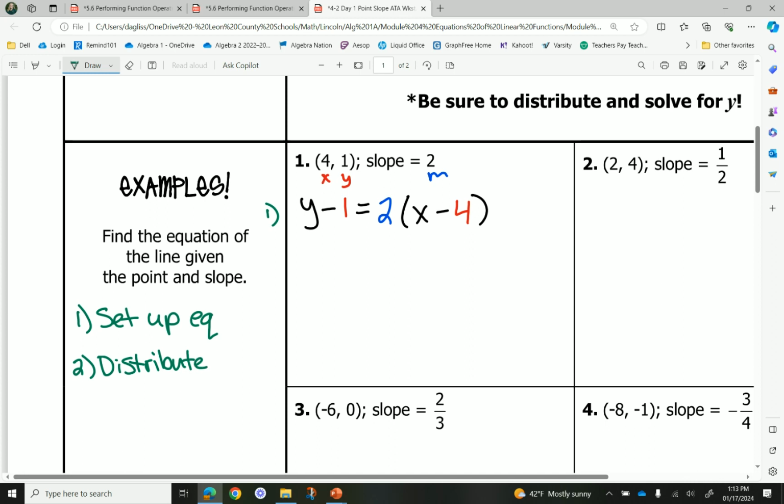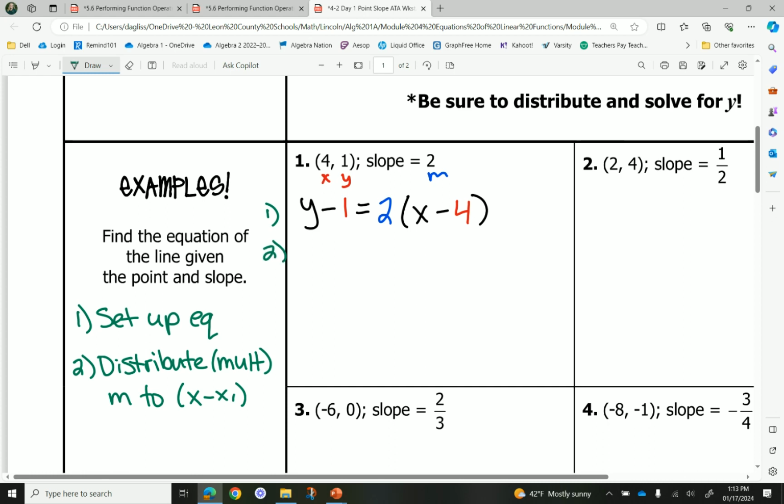What operation is distribution? Is it add, subtract, multiply, or divide? Yeah, exactly. It is multiplying. Multiply m to the x minus x1. Okay, so let me show you what that looks like.